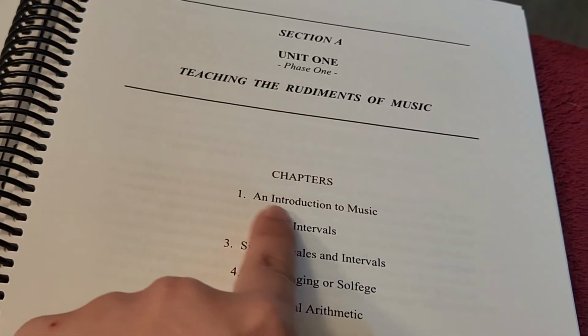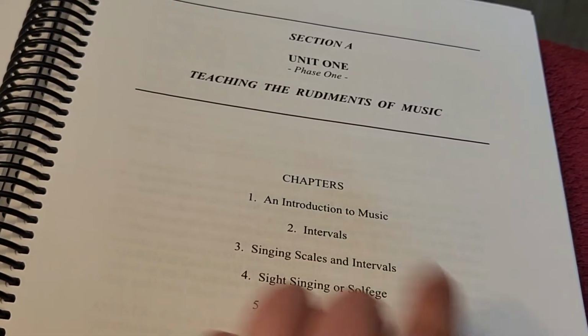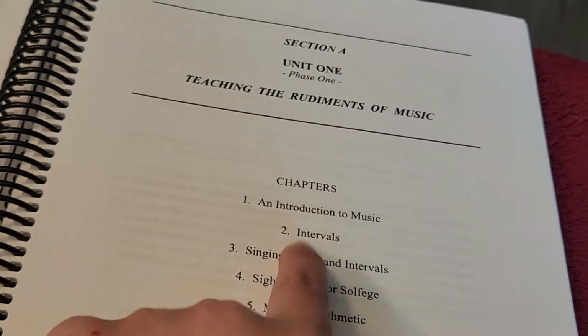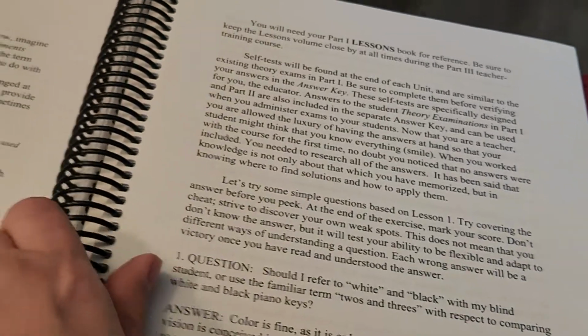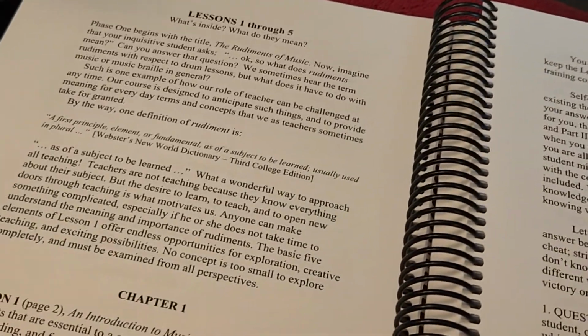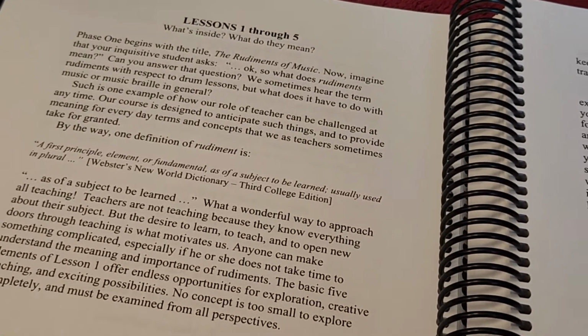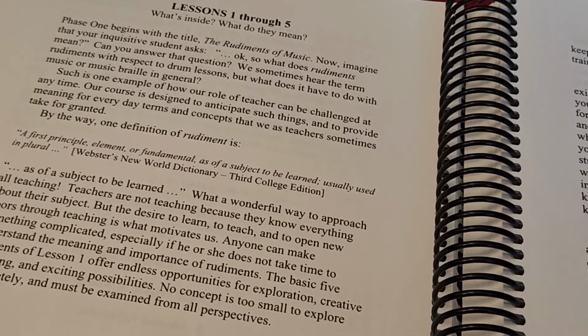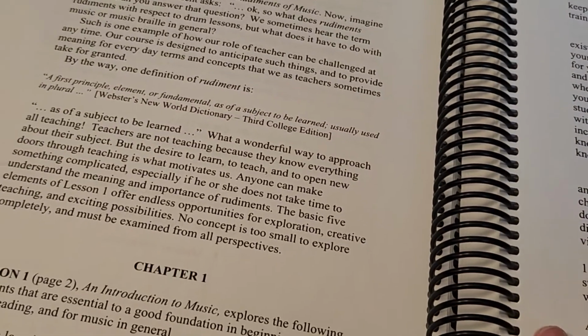And then when you move on to lesson 2 in the student book, you would move on to intervals in this book. Read that beforehand, get an understanding of what you're doing, and then you'll be a little bit on top of things above your student.